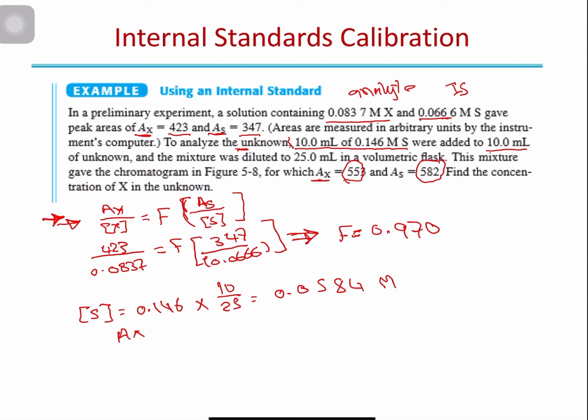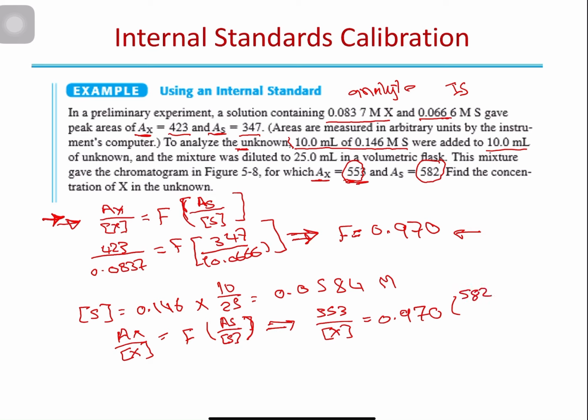So again, AX over X equals the response factor times AS over S. The signal, or the area under the peak, for the unknown is 553, and X is the concentration we need to find, which will equal the response factor we calculated here, 0.970, times AS, which is the response from the final standard concentration, 582, divided by the concentration of our standard, which we just calculated, 0.0584.